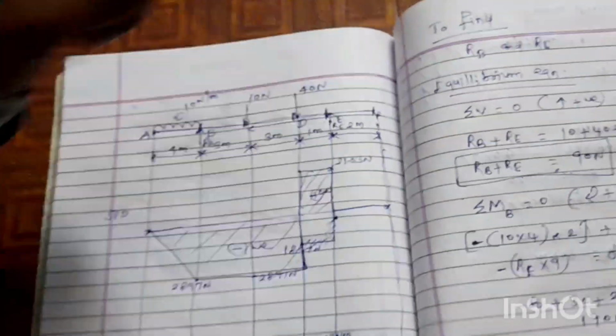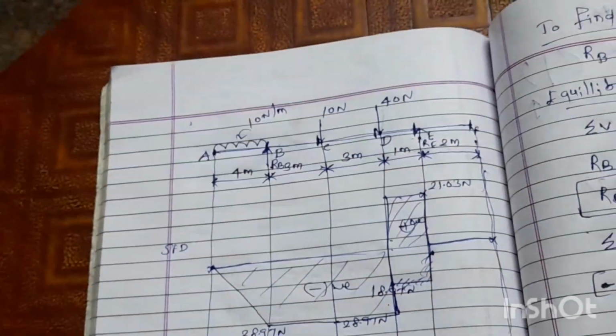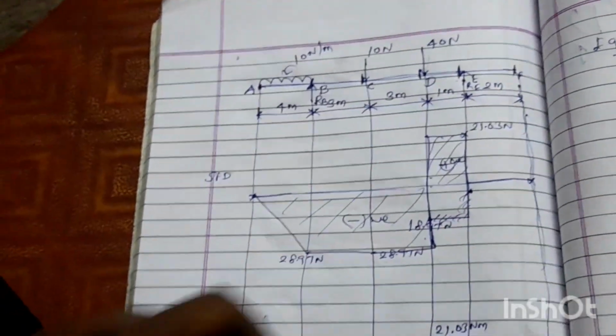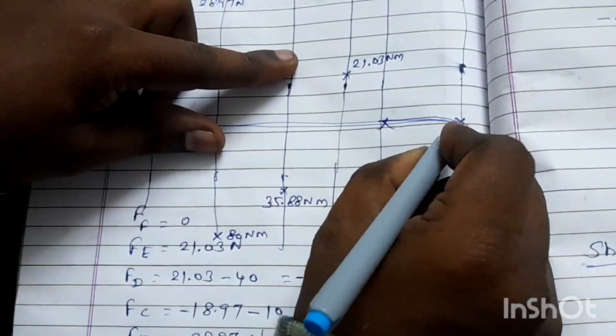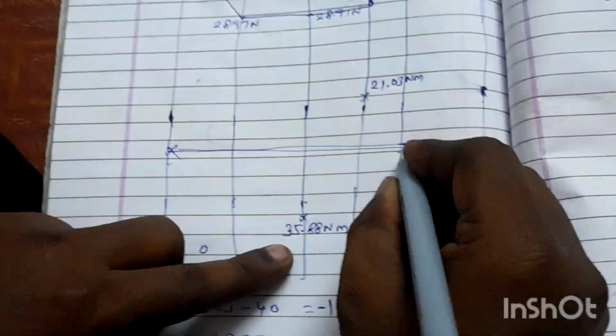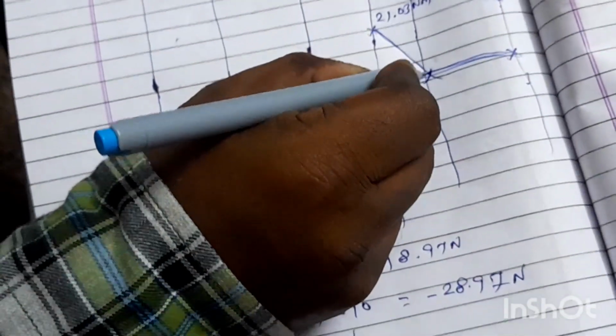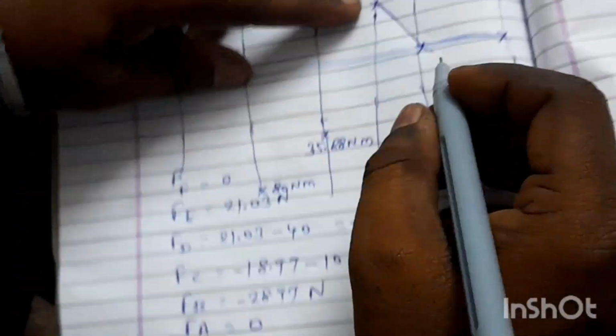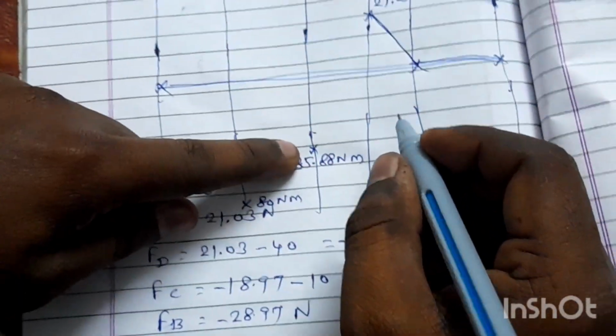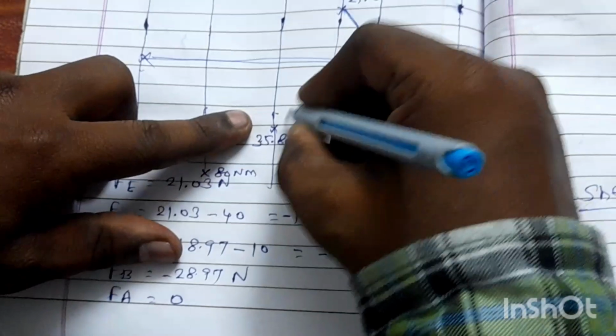Now when there is no UDL at all, you just draw the direct joining of two point values. So 0 to 0 direct joining, and E to D, D to C, these points are joined directly with a linear line, and this point goes to the negative value 35.88.